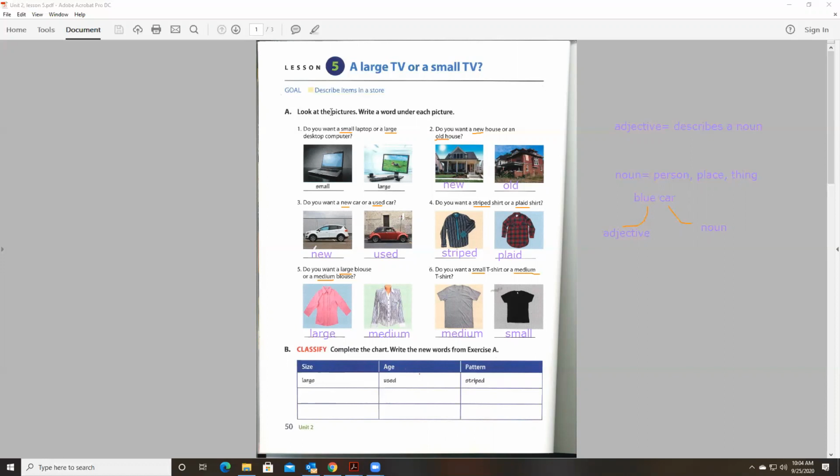Of all these new words, which ones talk about size or talla? Okay, we have large, medium, and small.